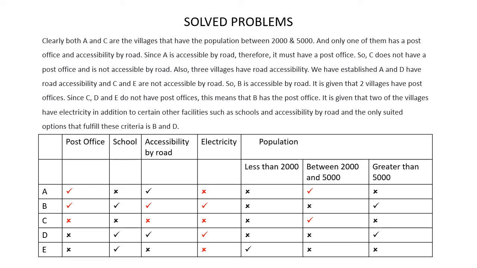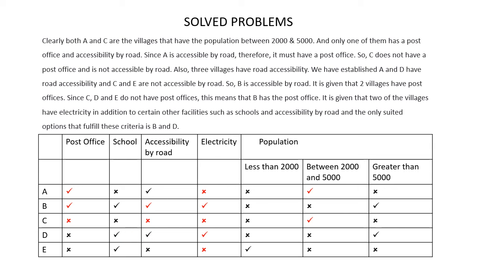It's given that two of the villages have electricity in addition to certain other facilities such as schools and accessibility by road. Now, we know that village B has a school and is accessible by road. Similarly, village D has a school and is accessible by road.